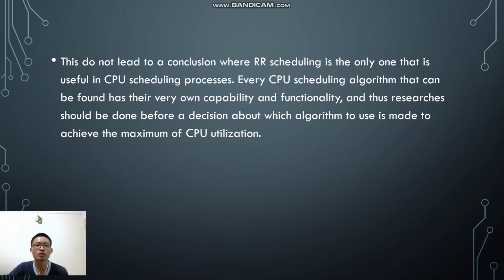Thus, we should make researches about the functionality or the characteristics of the CPU scheduling algorithms before we make or execute one CPU scheduling process so that we can achieve the maximum CPU utilization.